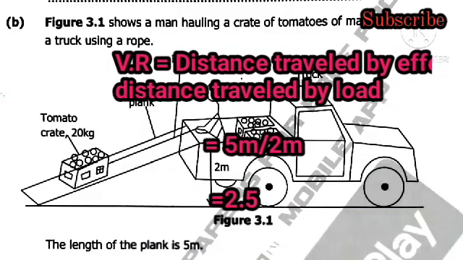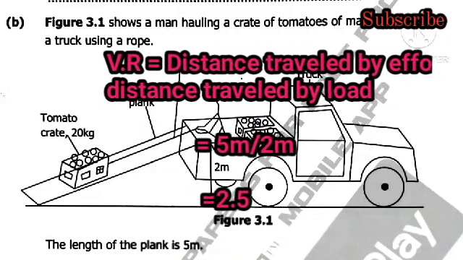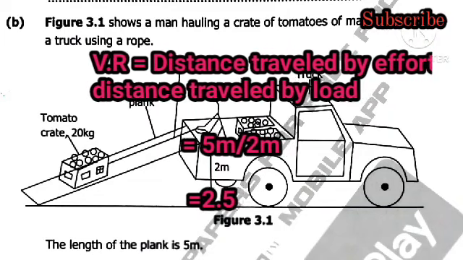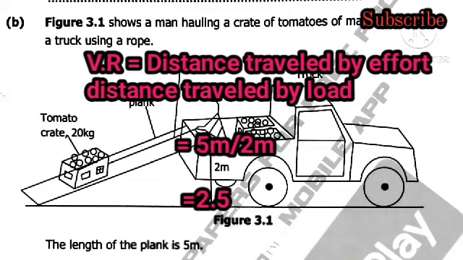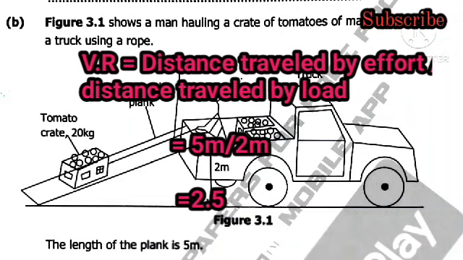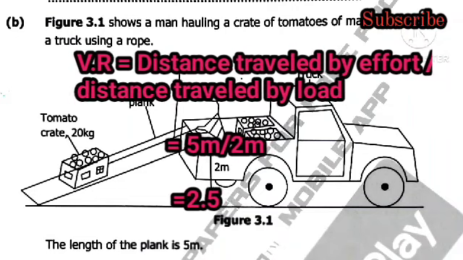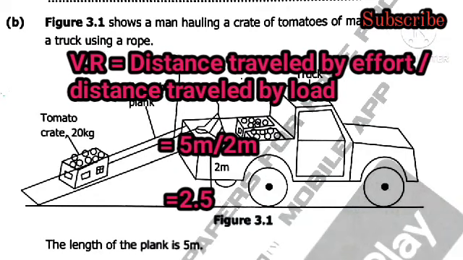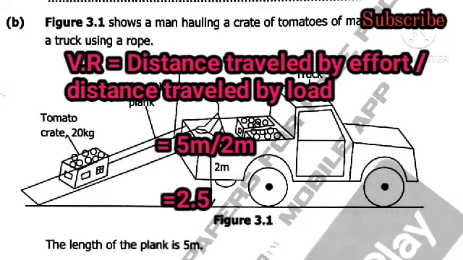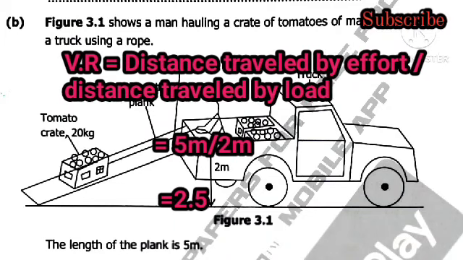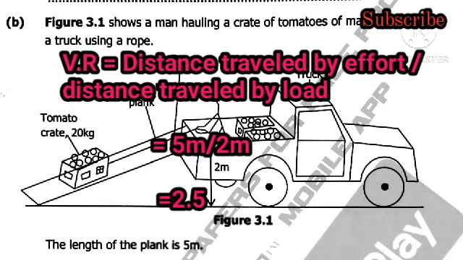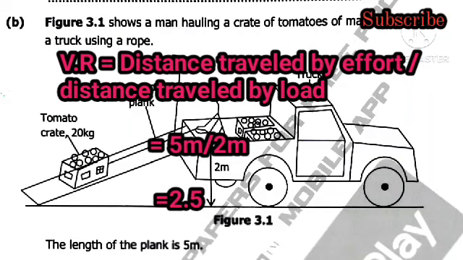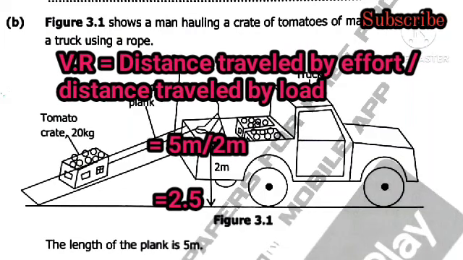The distance traveled by the effort is the length of the smooth plank, which means the hypotenuse. But the distance traveled by the load is 2 meters, which is the height. So the answer will be 5 over 2, which is 2.5. So the velocity ratio in this case will be 5 over 2, which is 2.5. You do not write units, reason being this is a ratio. Like I promised, I also do mechanical advantage at the same time.